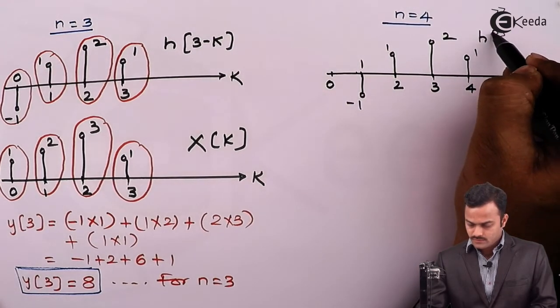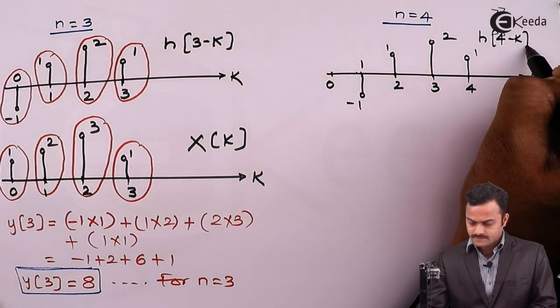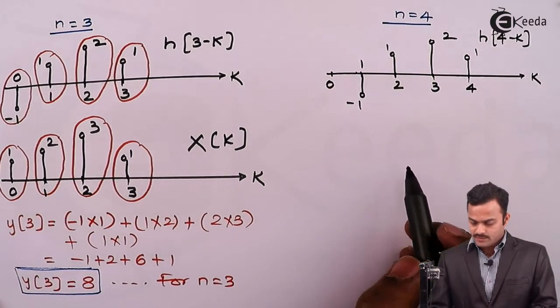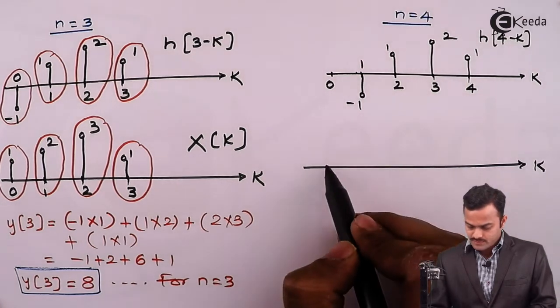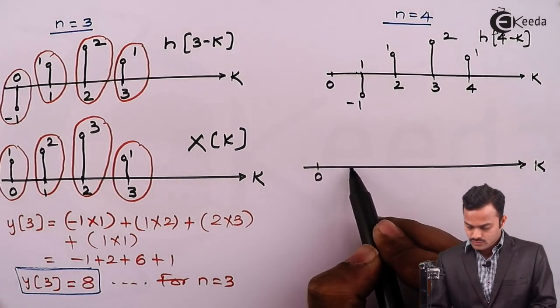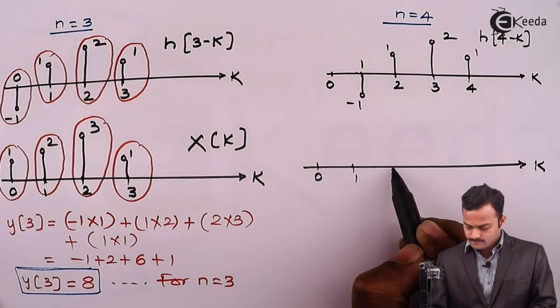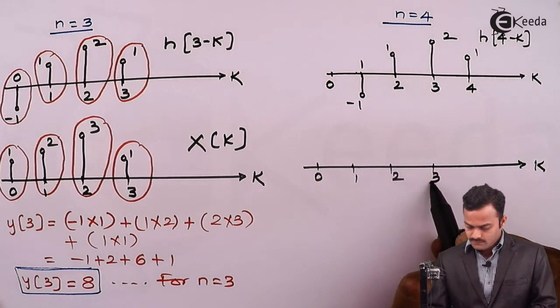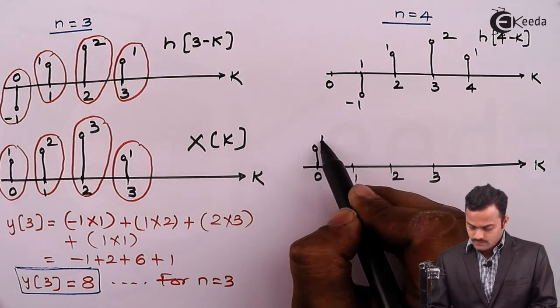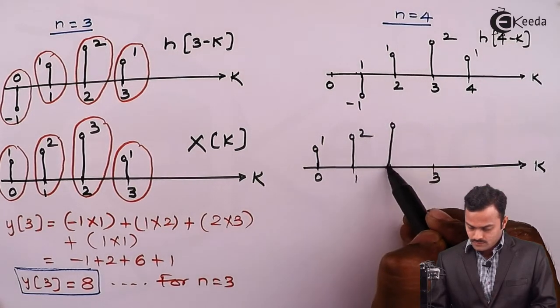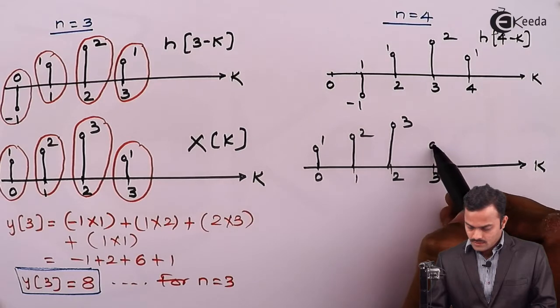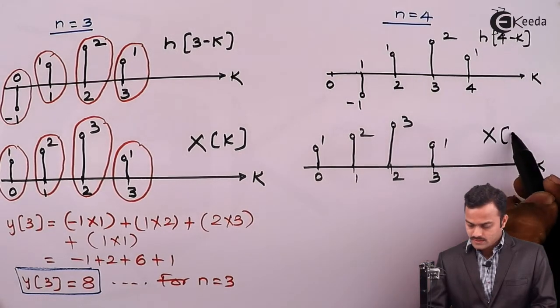So this is h of 4 minus k. This we need to multiply with x of k, which will have the span from 0 to 3 with the values 1, 2, 3 and 1 once again.